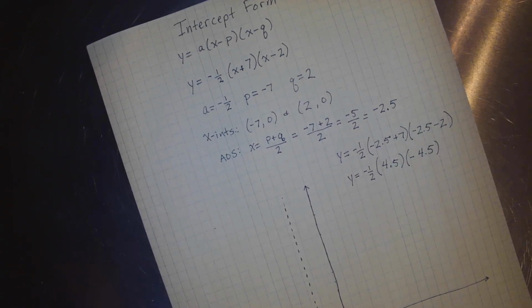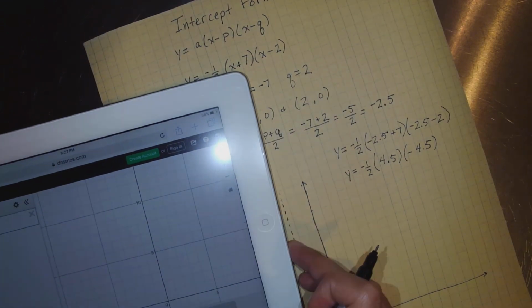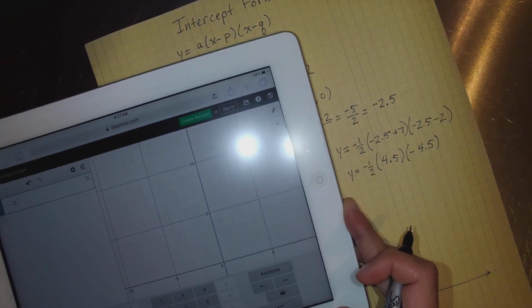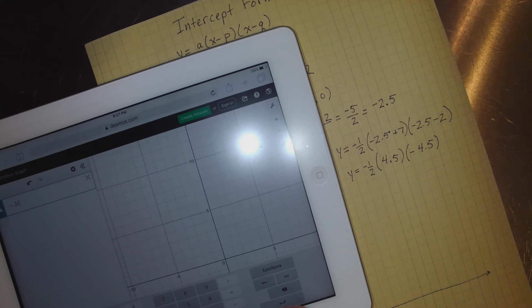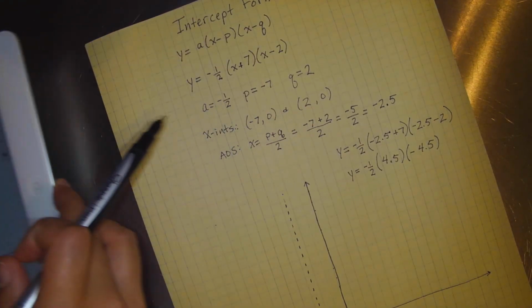Then multiply that out. I'm just going to calculate that. We have -0.5 times 4.5, and then times -4.5, and that gives me 10.125.